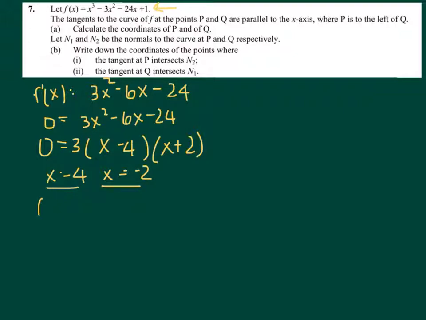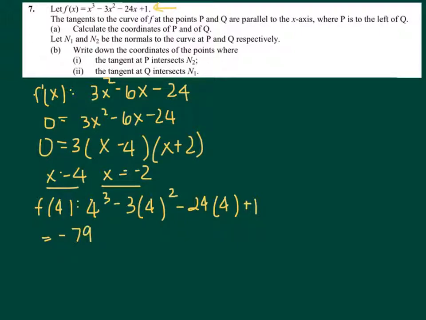So you do f of 4 is equal to 4 cubed minus 3 times 4 squared minus 24 times 4 plus 1. And so when you simplify that, you get negative 79. So the first coordinate is 4, negative 79.